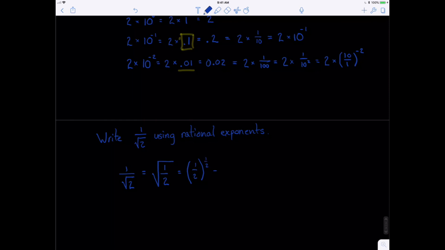But I can flip the fraction by changing the sign on the exponent. So I could write this as 2 over 1 raised to the negative 1/2. But 2 over 1, that's much easier to just write 2 raised to the negative 1/2. And that's how you can use rational exponents even with negative numbers.